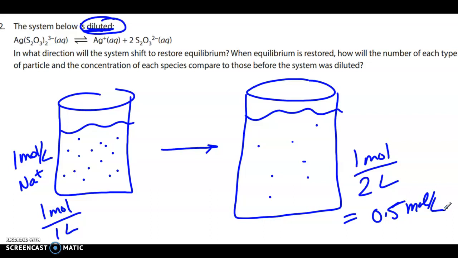So in this case, if you're diluting it, you want to think it's very similar to when you have empty space. So if you have now all of this available space for those ions to float around in, because we're dealing with more solvent area, it's going to shift in the direction that's going to occupy the most space within that solvent, right?